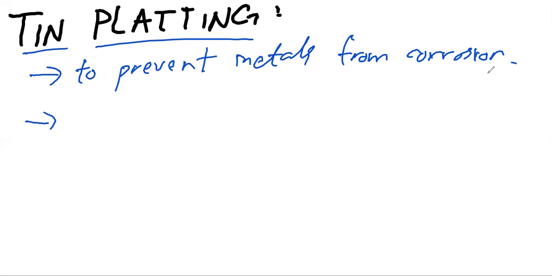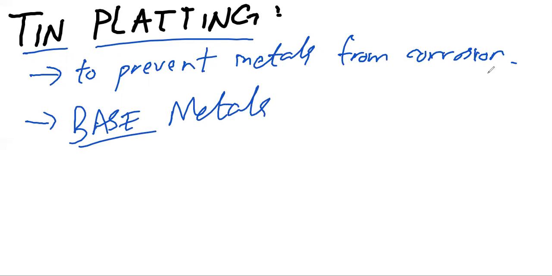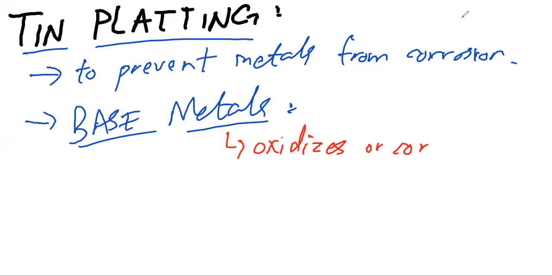First of all, there are some base metals. What are base metals? They refer to the metals that oxidize or corrode relatively easily. There are three types. First is base metal, which oxidizes or corrodes easily. Corrosion or oxidizing means the same.